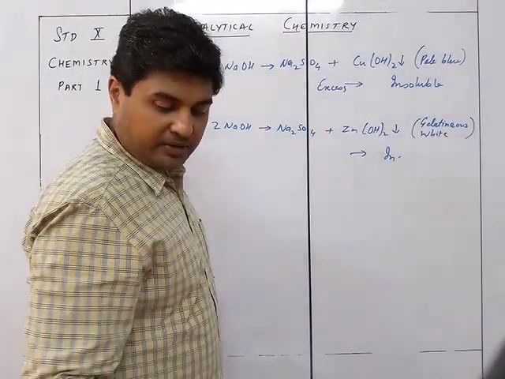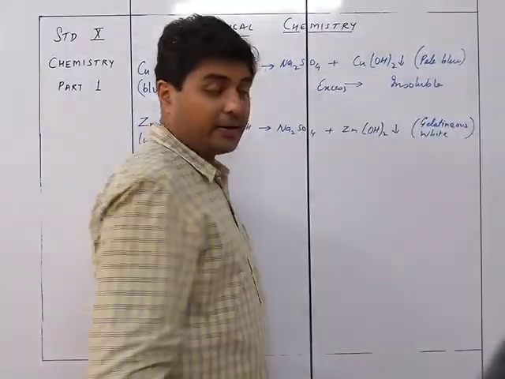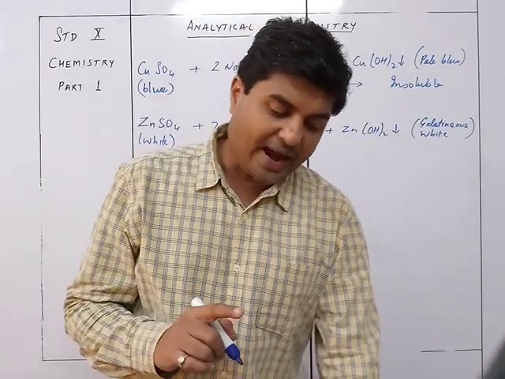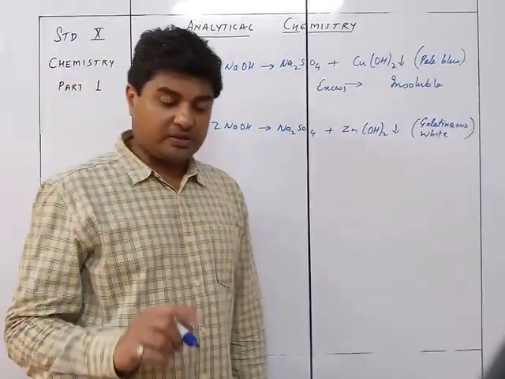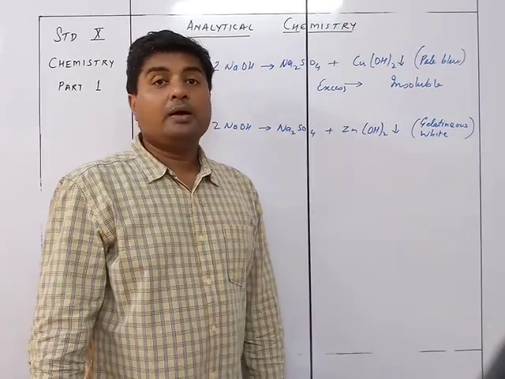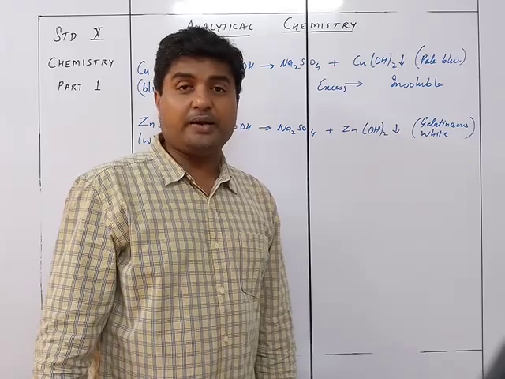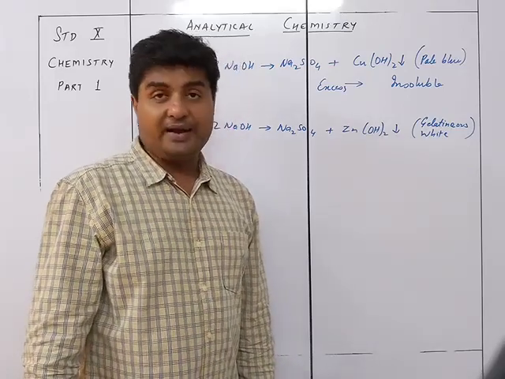This is the unique part about zinc: when you react it further with NaOH, it is not going to give you any precipitate, and it gives a soluble, colorless solution.